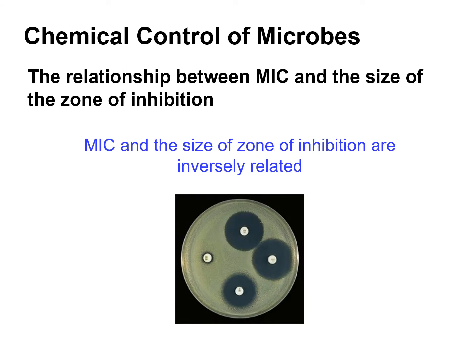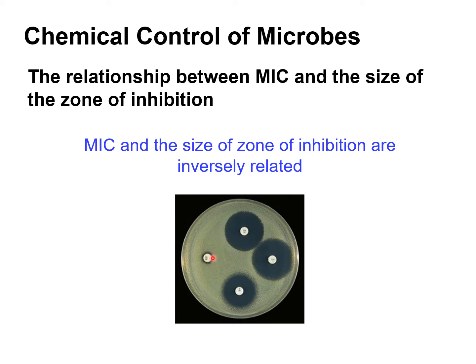So if we take a look right here at the relationship between the minimum inhibitory concentration and the size, notice how the size of the zone of inhibition is super small. That tells you that the MIC for this chemical or this antibiotic is really high, because notice how it didn't even diffuse that much.